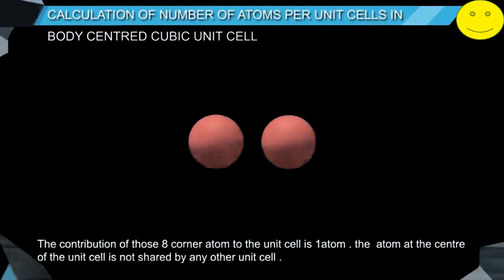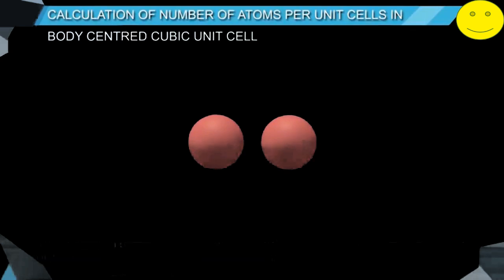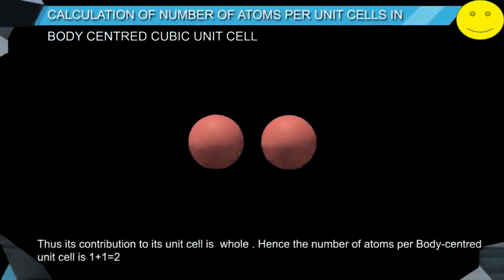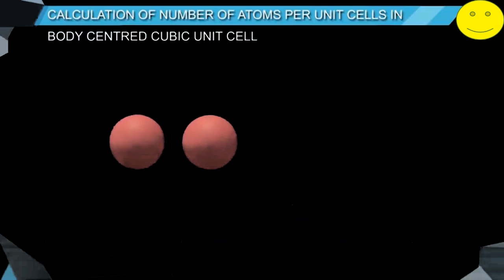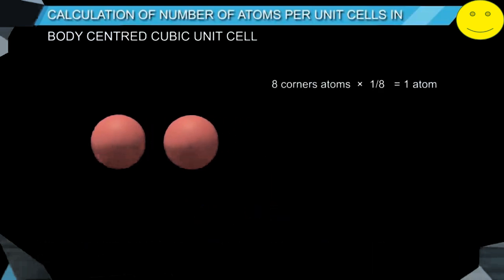The atom at the center of the unit cell is not shared by any other unit cell, thus its contribution to its unit cell is whole, and hence the number of atoms is body center, that is 1, plus 1, equal to 2. 8 corner atoms multiplied by 1/8 equal to 1 atom. 1 body-centered atom equal to 1 into 1 equal to 1 atom.